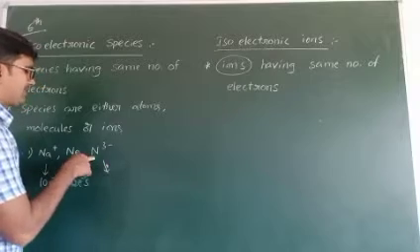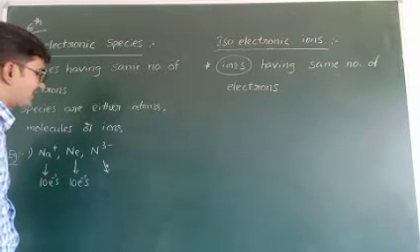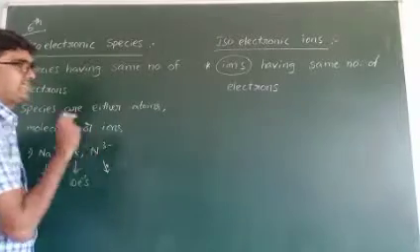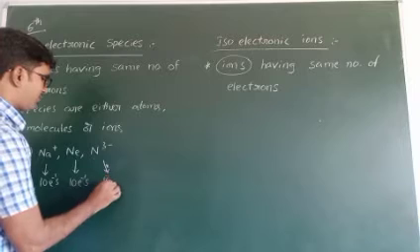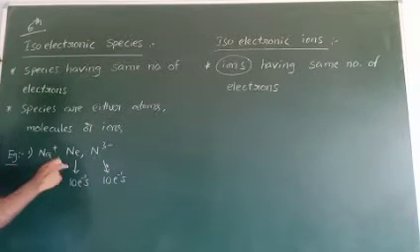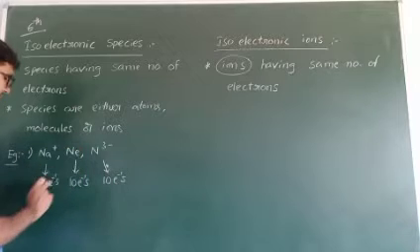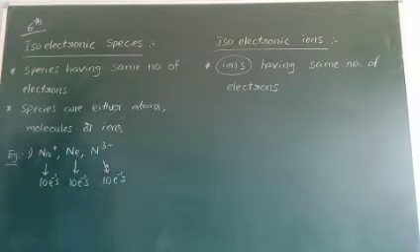For N3-, nitrogen atomic number is 7, but minus 3 is given. Minus 3 means gaining 3 electrons, so total 10 electrons. So Na+, Ne, N3-, these three contain the same number of electrons, so these three are isoelectronic species.